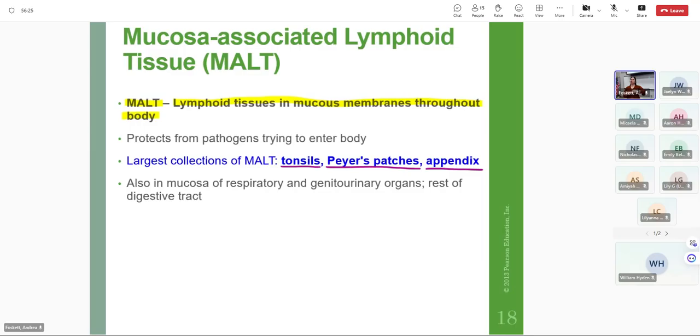As we get into the small intestine, the mucosa is basically the innermost lining that's directly in contact with that lumen, right? So as food is passing through and getting digested, with different enzymes, the mucosa is the innermost layer of the wall of the digestive tract that is directly in contact with the food, right?